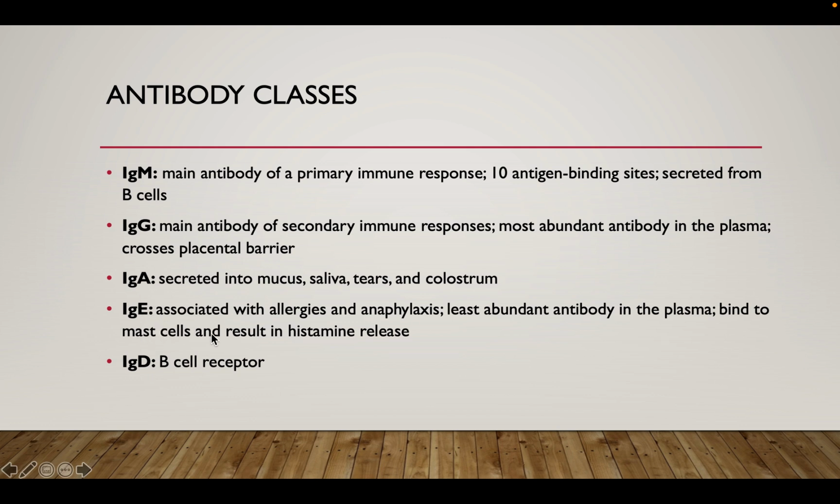When you block the receptor, you prevent IgE from working, and IgE causes histamine release. So an antihistamine essentially prevents the release of histamine via the blockage of receptors for IgE. And then IgD, the last one here, are just the B cell receptors that we find on our B lymphocytes.